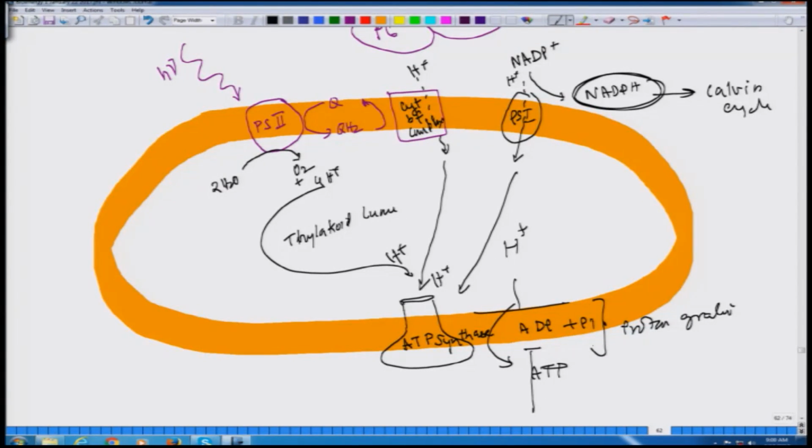So, this is where another aspect what I was telling you is the ATP synthase and ATP formation taking place.